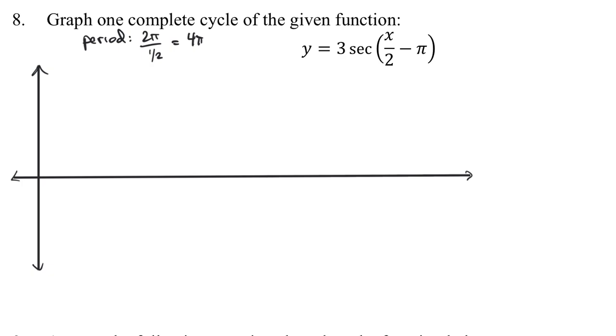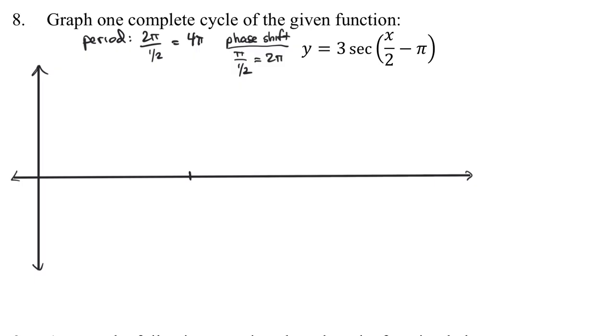The phase shift is the opposite of c divided by b. This is going to be positive pi divided by 1/2, which is 2 pi. So we're shifting to the right 2 pi units.